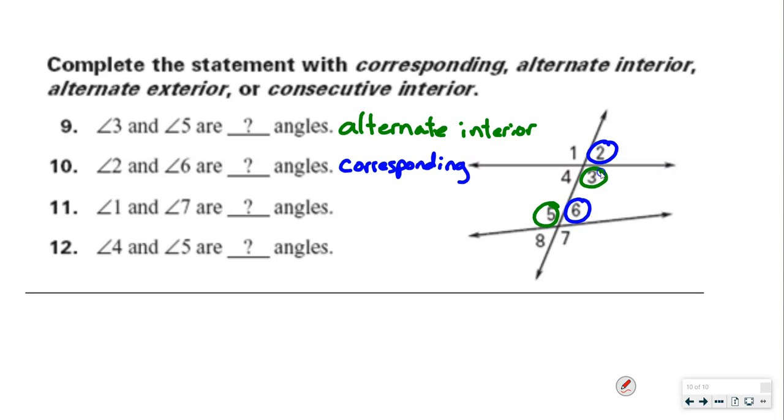1 and 7. They are on the outside of the two lines, so exterior, opposite sides of the transversal. So alternate exterior. Then lastly, 4 and 5.